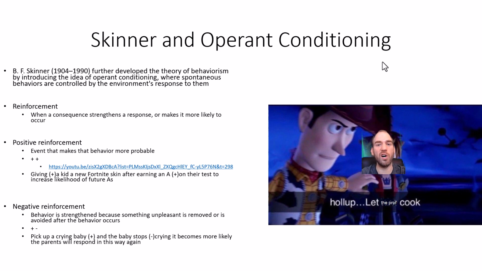Or you can imagine a dog and a kennel, and I'm doing kennel training, and I say, all right, I want my dog to be calm before I let it out of the kennel. So to increase the probability that my dog calms down, I'm going to teach it over time that in order to leave the kennel, the kennel being removed from their life, they have to be quiet and calm.